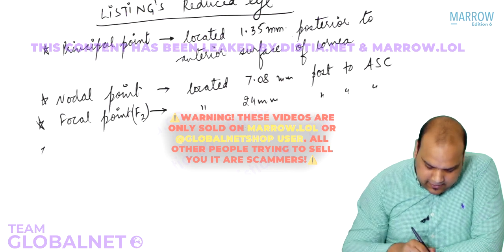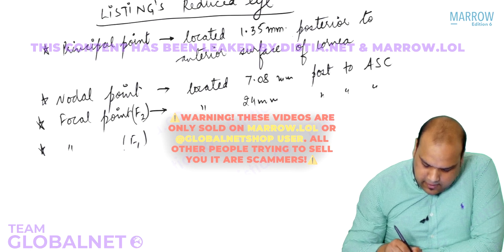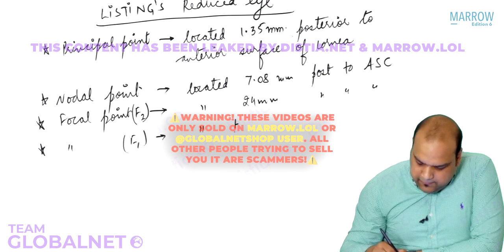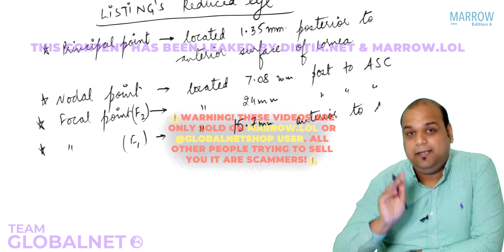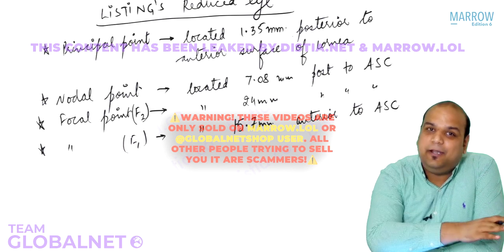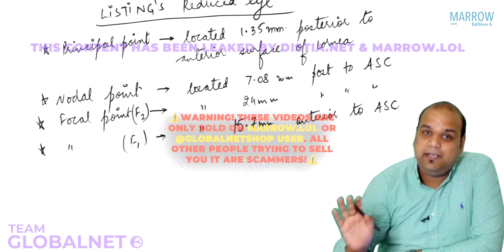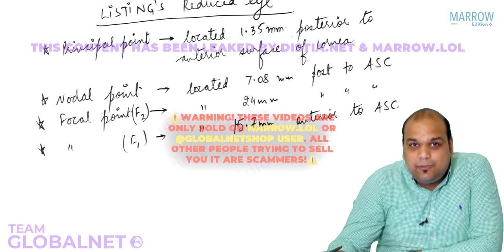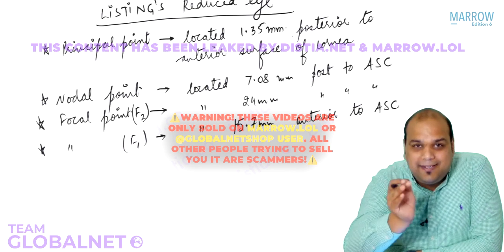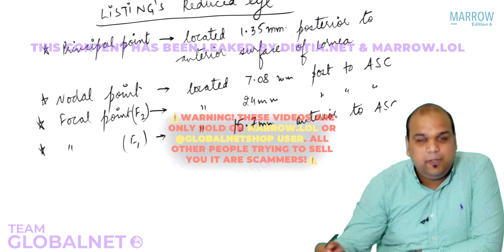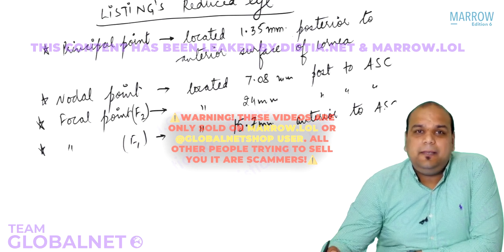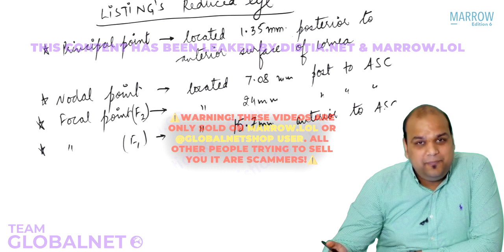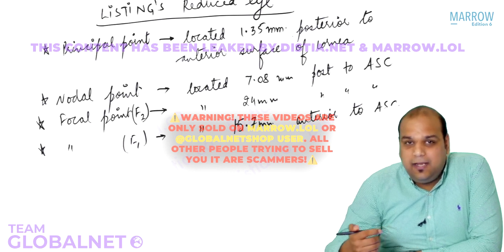But if I say F1, everybody, F1 is located 15.7 mm anterior to anterior surface of cornea. Yes, F1 is anterior to anterior surface of cornea. That's why we have written minus 15.7 mm, everybody. All the distances to the left of the point of refraction are measured in minus. Basic optics of class 11th and 12th. This is what Listing told us, that the power of the eye depends on all these distances also. When I discuss the refractive errors with you, you will realize this yourself.